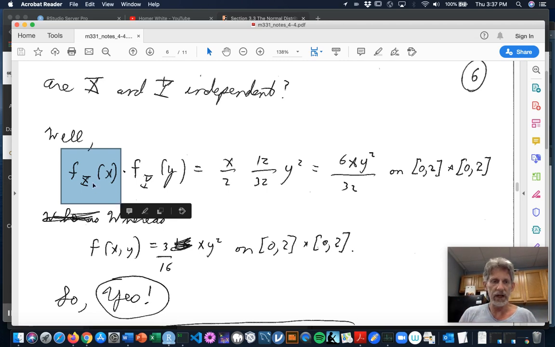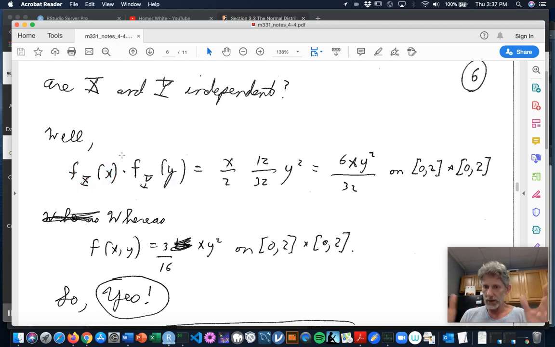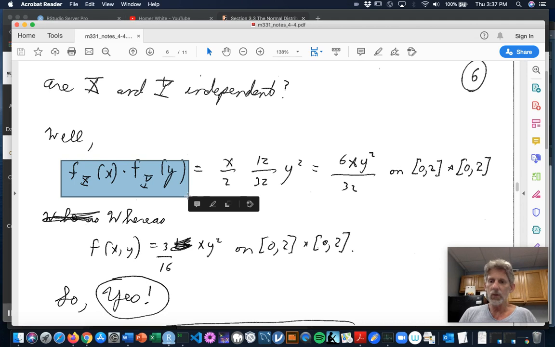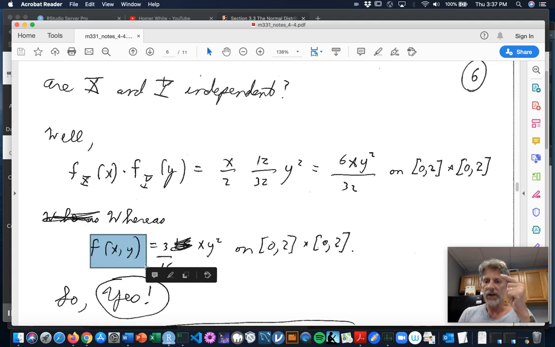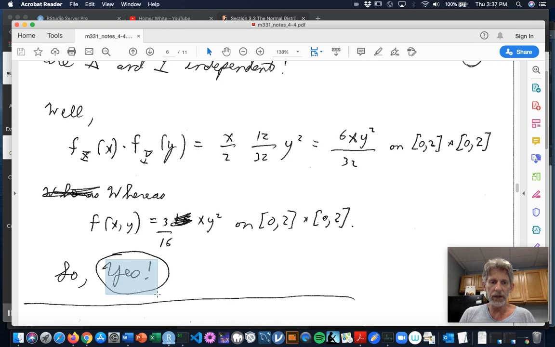So it's 0 outside. Same here. And so this product would be 0 for any x or y that's outside the 0, 2 range. So truly, for all x's and y's in the entire R2 plane, this is equal to this. That's the definition of independence. So yeah, these two random variables are independent all along.